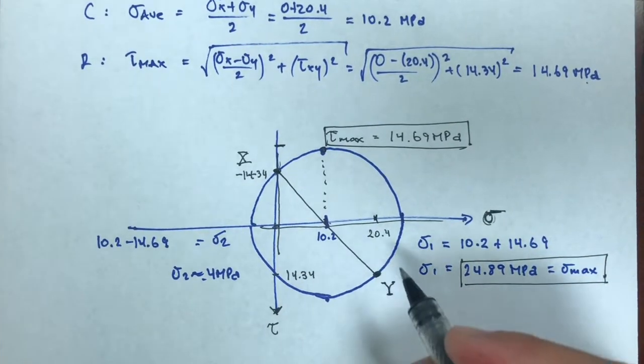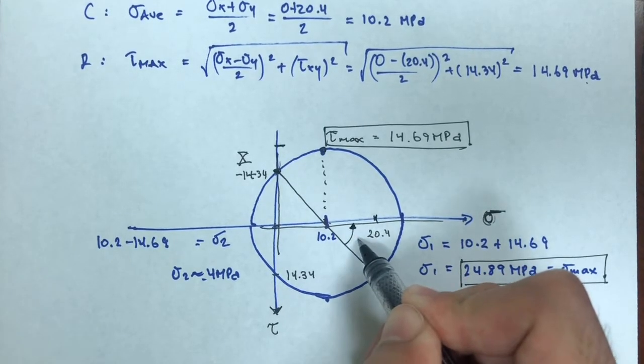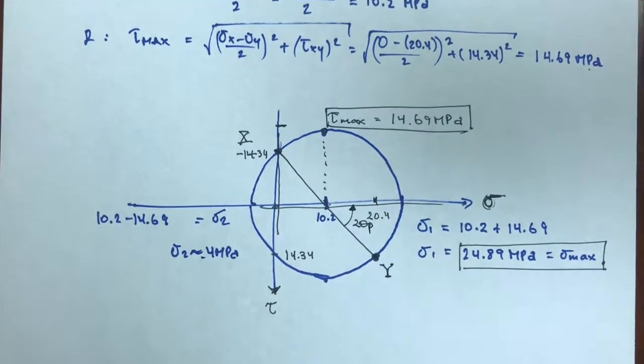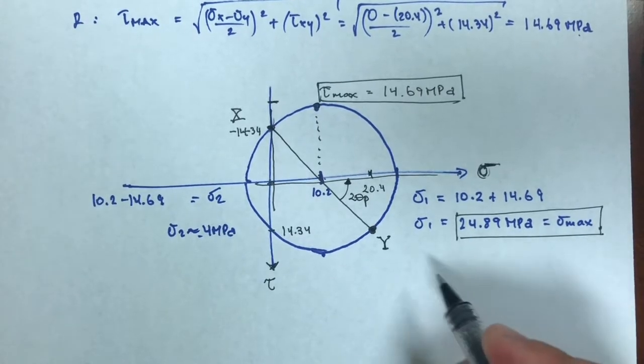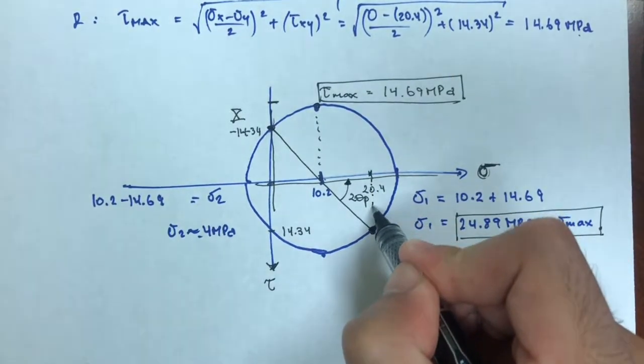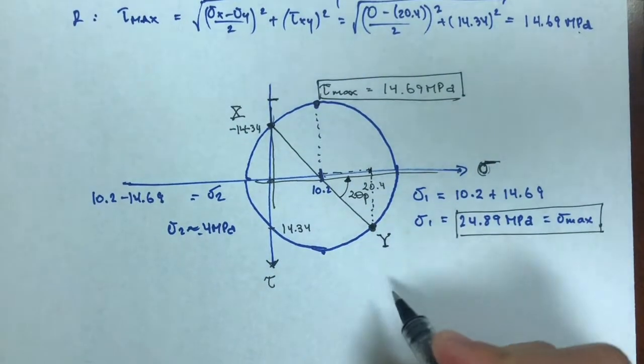So just to practice that, I would go from my y to principal stress, and that would be called 2 theta p, right? So from the Mohr circle, I don't need to remember what the equation is. I can either use the equation, or I can just use opposite over adjacent and do a tangent of 2 theta p, right?